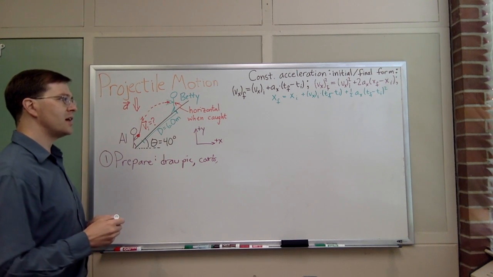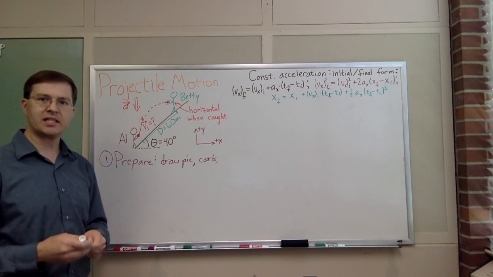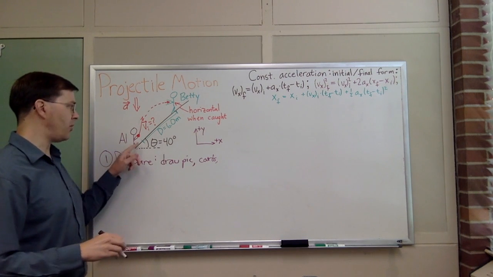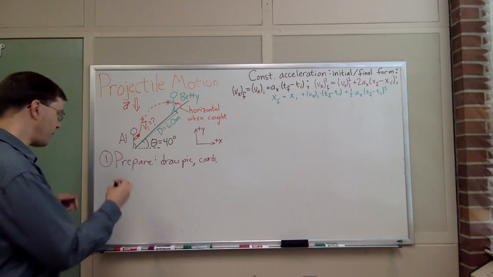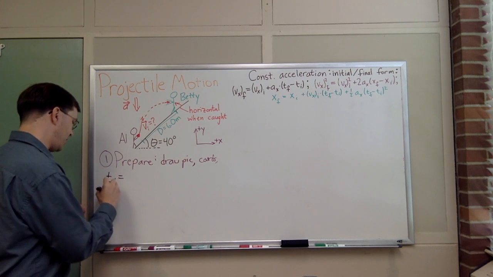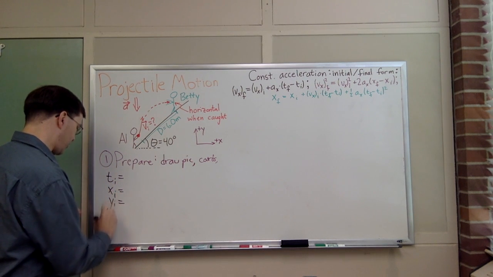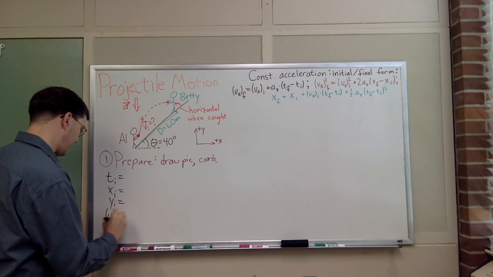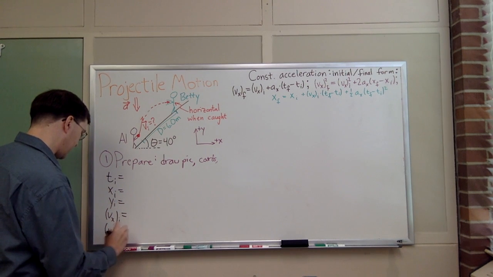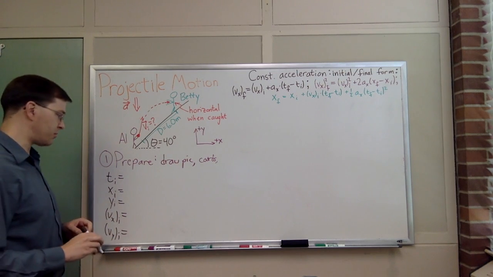I've chosen coordinates. The other thing I want to do as part of my prepare step is make a list of some of the data that we know about this system. So, for example, at this initial point, I'm going to make a list of the motion data: initial time, initial x, initial y, initial vx, and initial vy. That is my list of motion-related data that I want to know about this point.